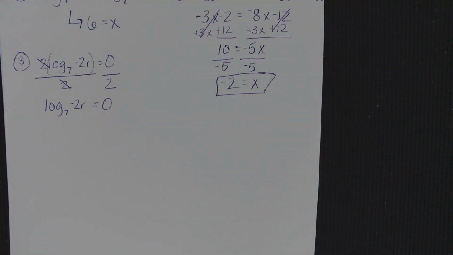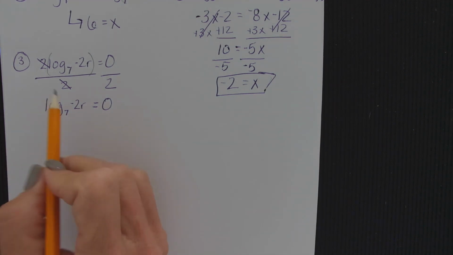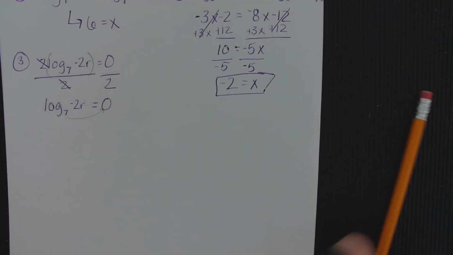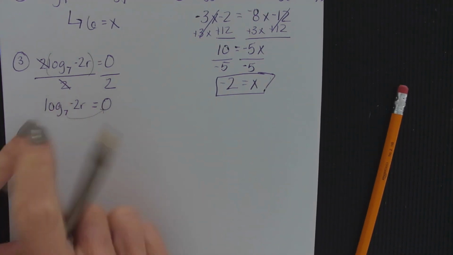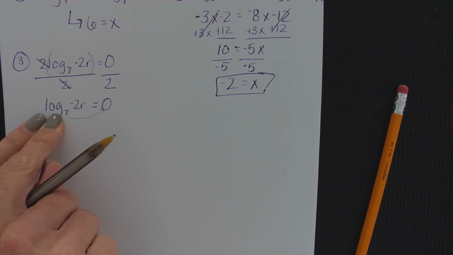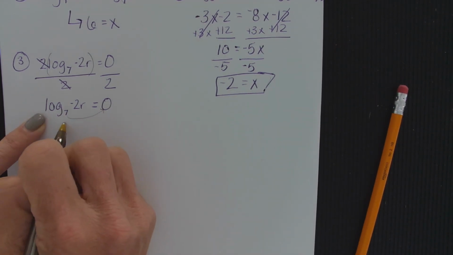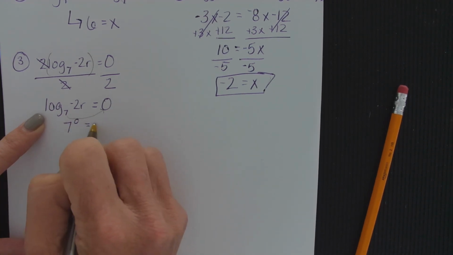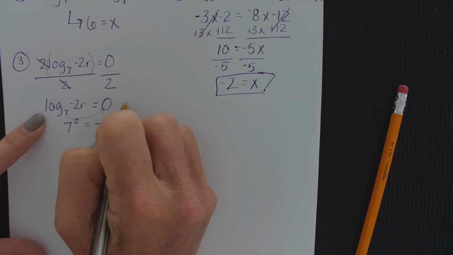I want you to write this. What form is this in? This is log form. I want it in exponential. 7 to the 0 power equals negative 2r.